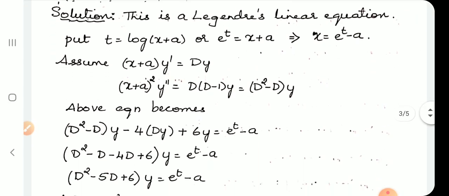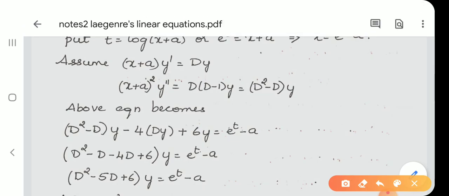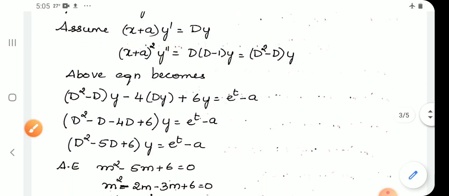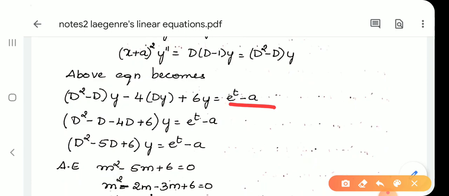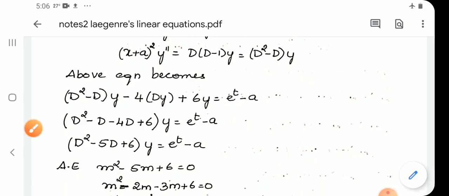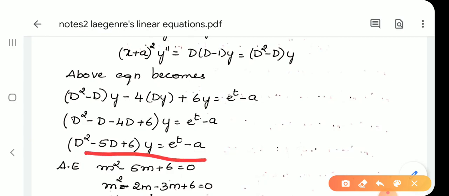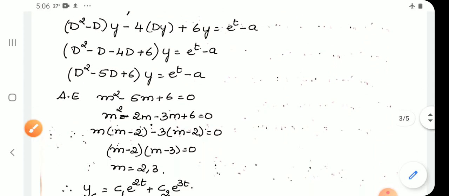So here the right hand side becomes e power t minus a. Now if I solve the left hand side, d square minus d minus 4d plus 6, if we take y common outside, we get d square minus 5d plus 6 into y is equal to e power t minus a.